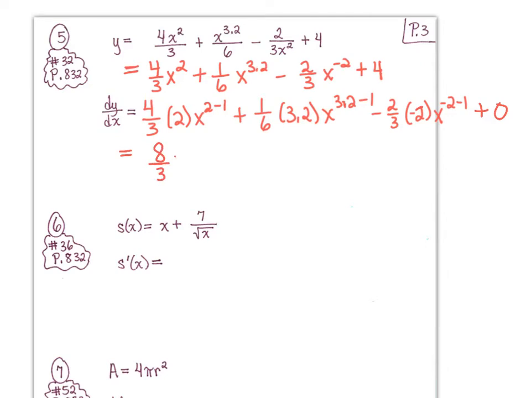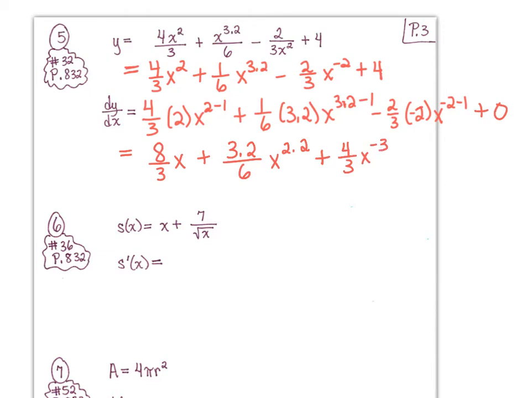So you get 8/3 x plus 3.2 over 6, x to the what? 2.2, plus 4/3 x to the what? What's -2 minus 1?